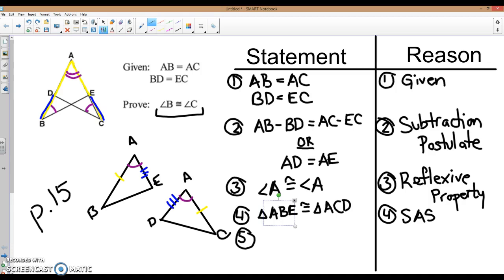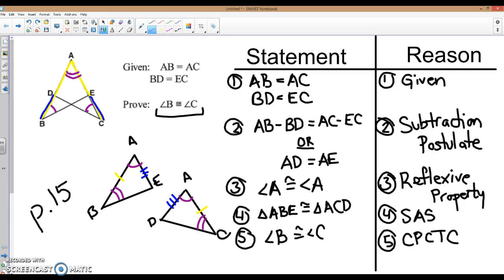So we can say that angle B is congruent to angle C because of CPCTC, which stands for corresponding parts of congruent triangles are congruent. So you can go through and you can say angle B is congruent to angle C.